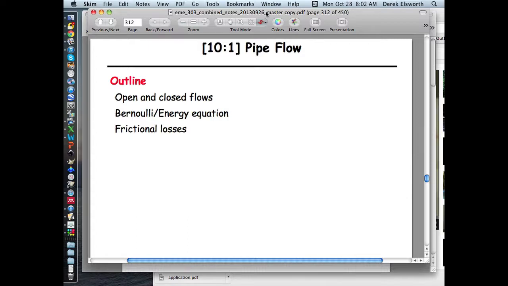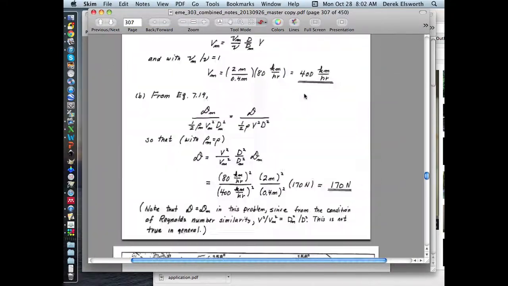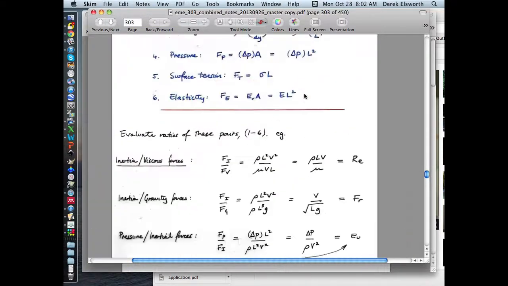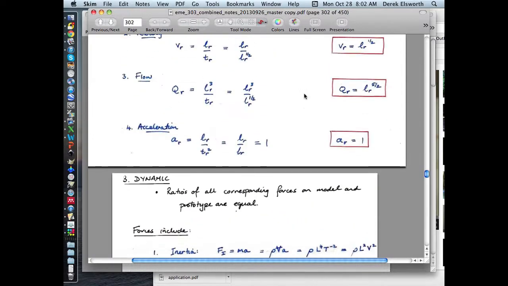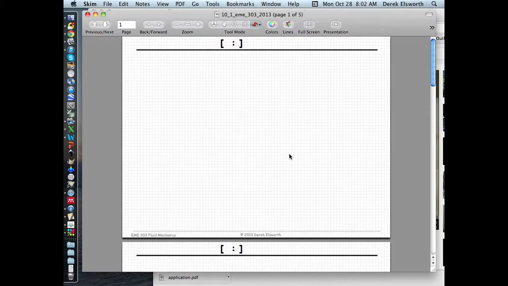But just to recap what we had talked about with dimensional analysis, and skip back a little bit. It's actually one of the most powerful techniques that we'll end up using. And so just to reiterate the few points that we have, so pipe flow, but also dimensional analysis.